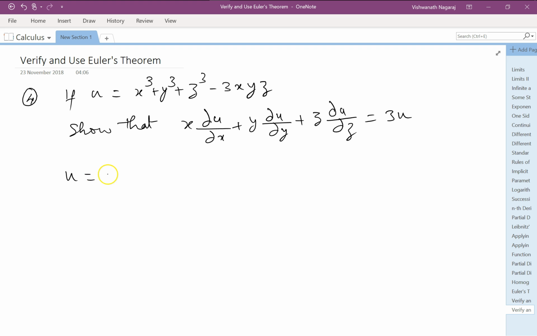u is equal to, now x cube, let's take it out. So what are we left with? 1 plus y cube by x cube plus z cube by x cube minus 3xyz divided by x cube.